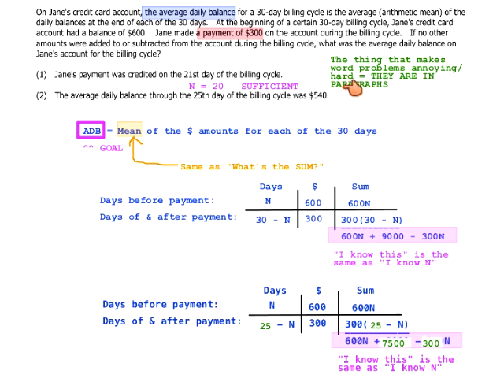Does it matter what this number is? Are you sure? Ah, because it could be 600. What happens if we make it 600?